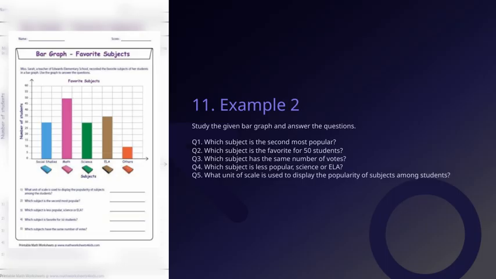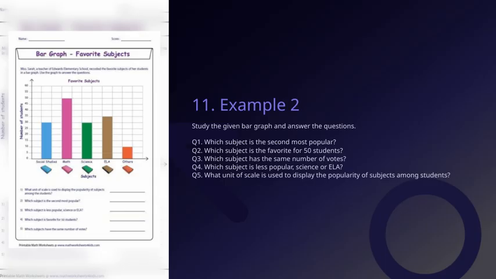The third question asks us to identify subjects with the same number of votes. So, compare the heights of the bars carefully. If 2 bars are the same height, then those subjects received an equal number of votes. Now, looking at the comparison between science and ELA, which one is less popular? Think about which bar is shorter. The shorter bar indicates the subject with fewer votes or less popularity among students. Finally, the last question asks about the unit of scale used here.